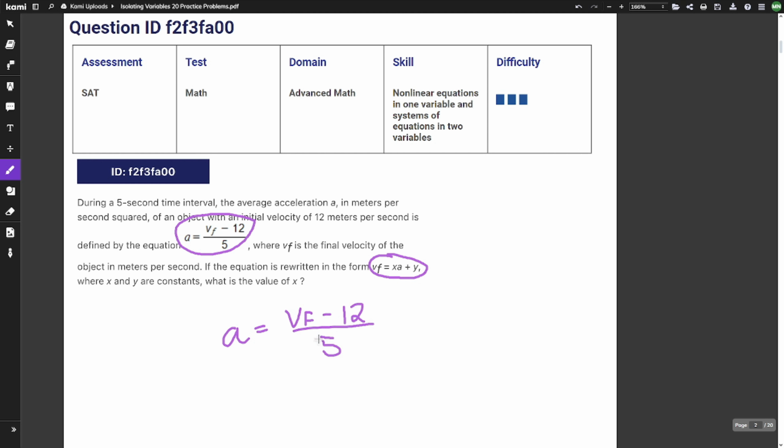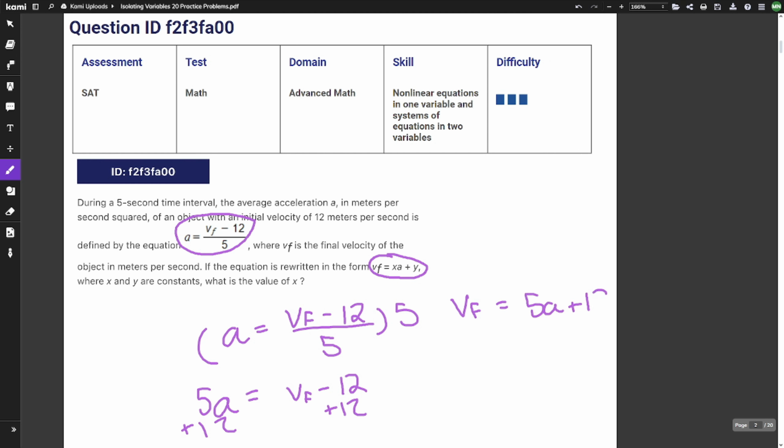First thing we're going to do is multiply both sides by 5 to get rid of this denominator. And then we get that 5a is equal to Vf minus 12. Then we're going to add 12 to both sides. And we get that Vf is equal to 5a plus 12.